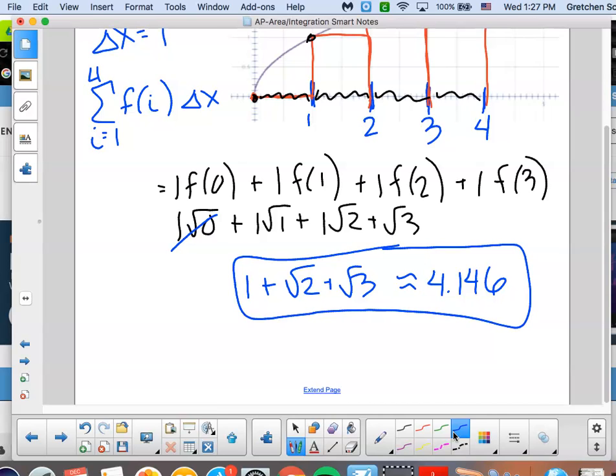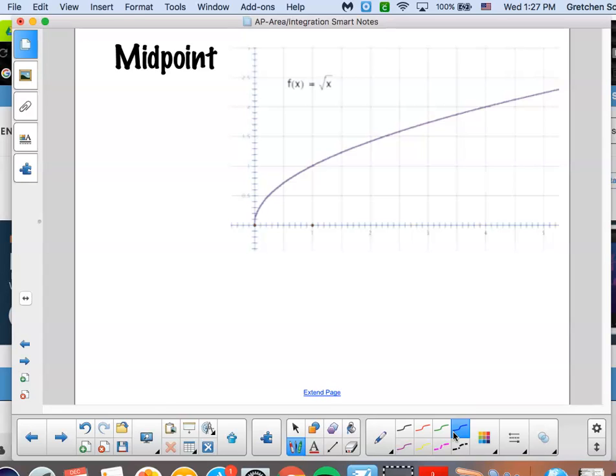The last one, same setup, but now where are we connecting them? In the middle. We still have our intervals of 1. The midpoints are probably the goofiest because when you connect it, you actually do have to find the midpoint.